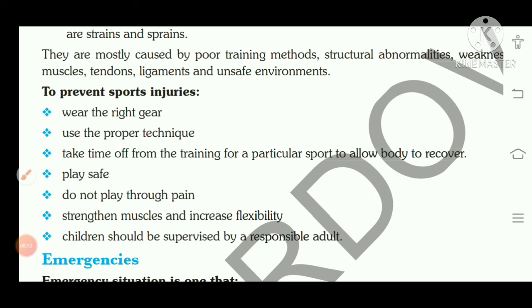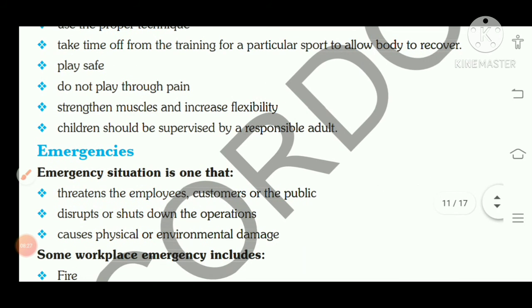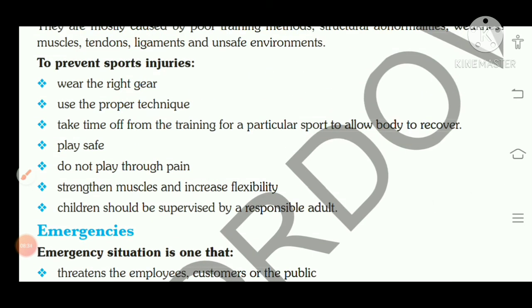Play safe and do not play through pain. You are all aware that if you keep playing through it, your injury will not heal as soon as possible. And next is strengthen your muscles and increase your flexibility, and children should be supervised by a responsible adult. So these are the points by which you can prevent yourself from these sports injuries.